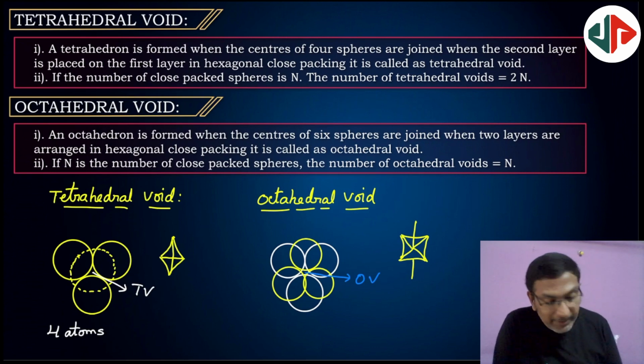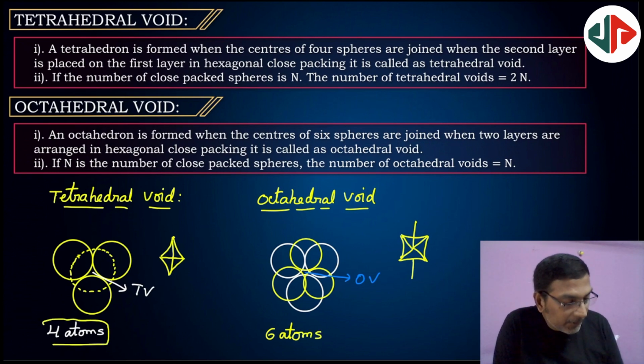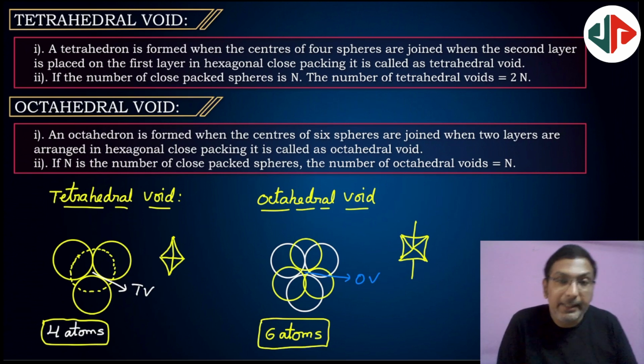It is formed by 6 atoms: 3 atoms in one layer, 3 more atoms in the next layer above the 3 atoms in opposite direction. So tetrahedral void will be formed by 4 atoms. Octahedral void 6 atoms.